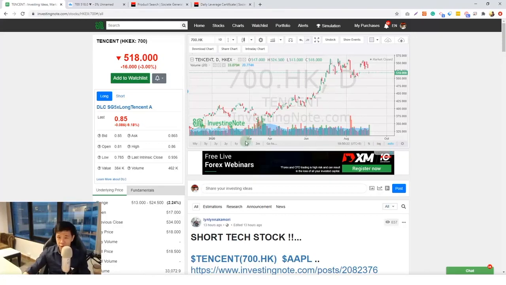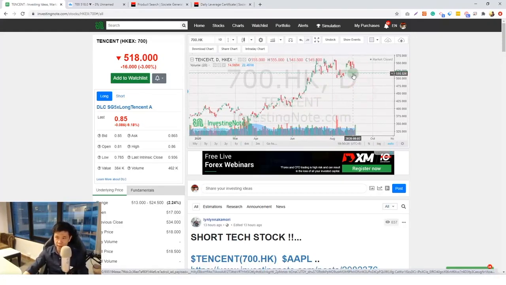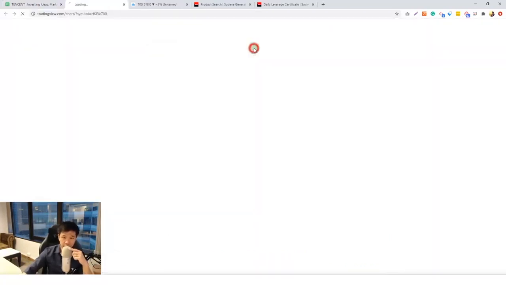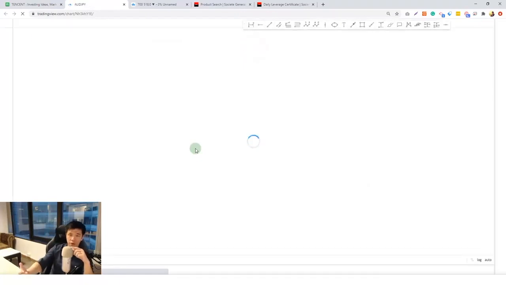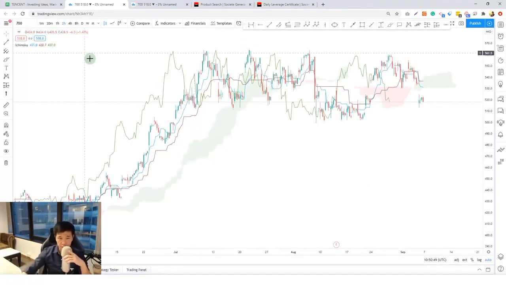Once you've looked at this chart here and you're like, okay, Tencent seems to be pretty high up, it looks like it's going to reverse from here. You can do your own analysis. If you want to look at the intraday chart, meaning the 4-hour or the 1-hour chart, you can click on this thing called intraday chart, and it will take you over to TradingView and load the chart for you.